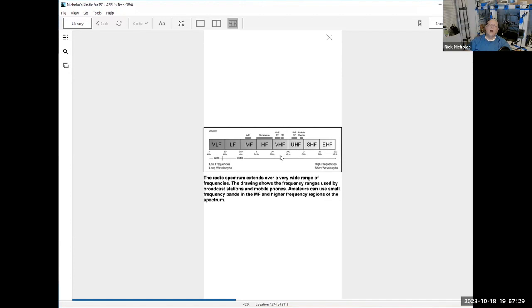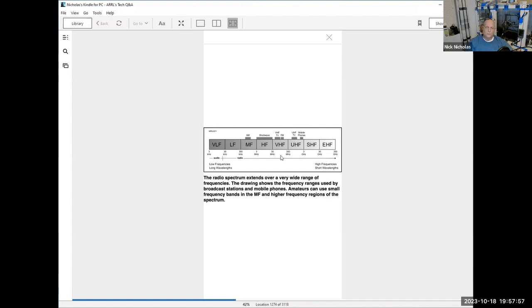Now, as we hams discovered ways to use the frequencies, we kind of lost them. It's a natural progression because we're the experimenters of the radio world. We were expected to lead the way and find out how to use these things. And so we were left pieces so that other services could go in between.